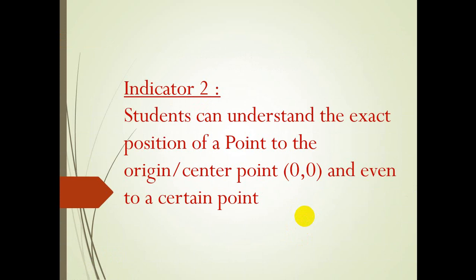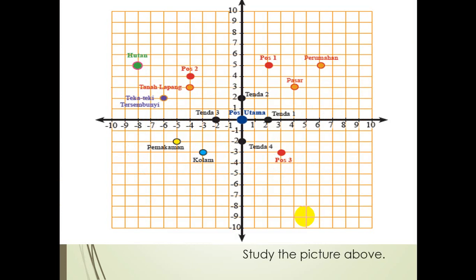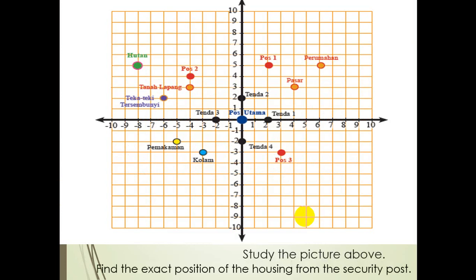Indicator number 2. Here, students can understand the exact position of a point relative to the origin or center point, 0,0, and even to a certain point. Study the picture above. Can you find the exact position of the housing from the security post? Which one is the housing in the picture? I think this one is the housing, and this is the security post.